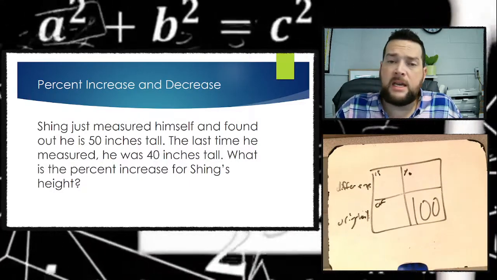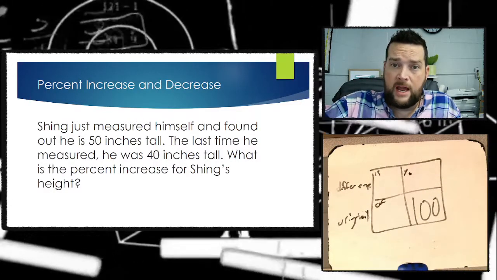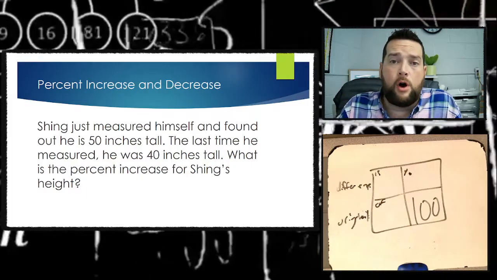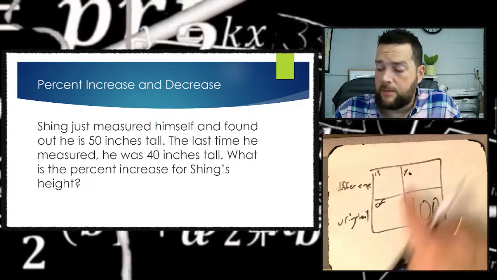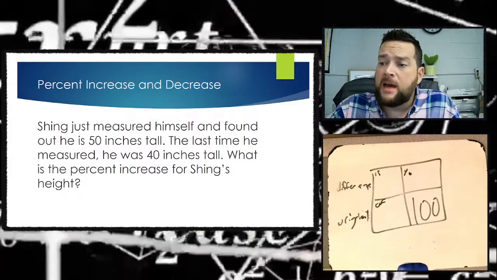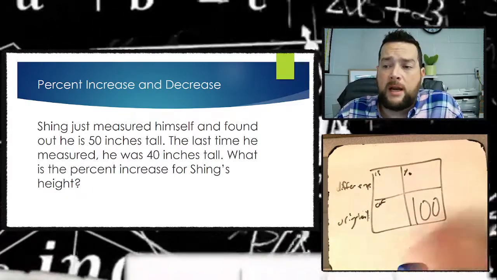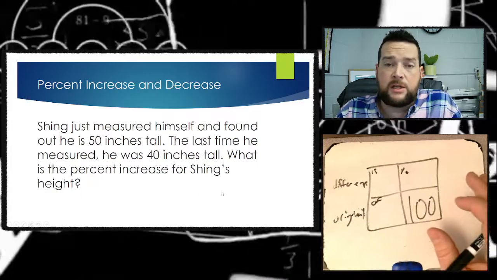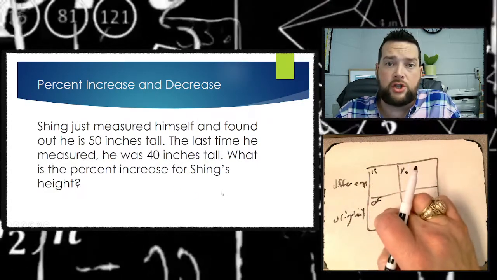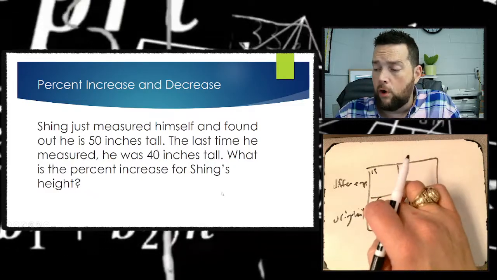But if you don't see the word interest inside of a problem that involves percent, then you can use a percent box to find the answer. That's what this looks like right here. And because I see the word increase, that's another key word, I know I'm thinking of this in terms of difference over original rather than part over whole.